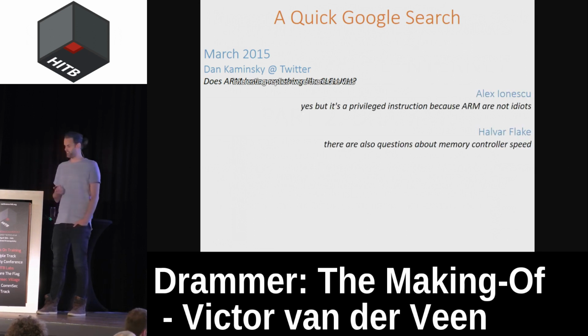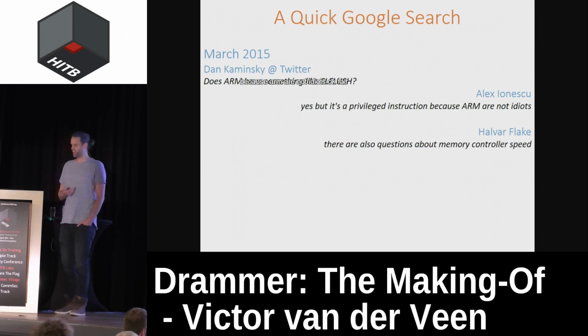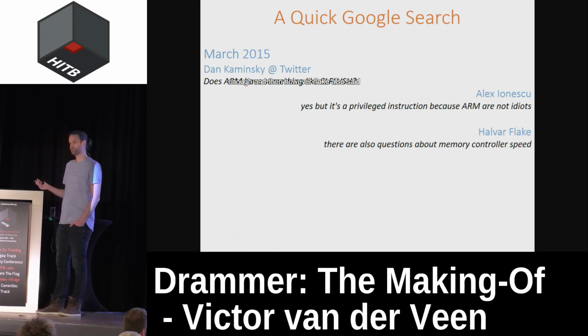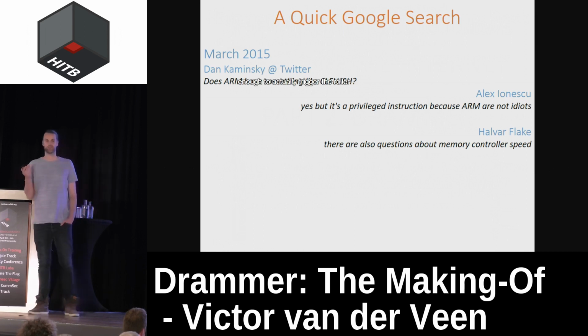Two interesting replies were there. One was from Alex saying, yes, but it's privileged because ARM are not idiots. Okay, fair enough. And then Halvar Flake also said there's also the question of the memory controller speed. So maybe the memory controller on ARM devices is not fast enough to actually trigger the Rowhammer bug.